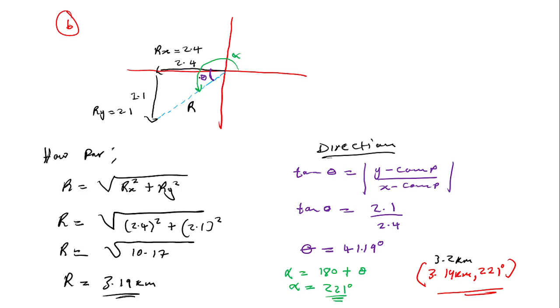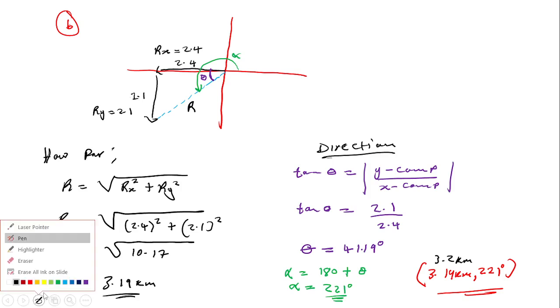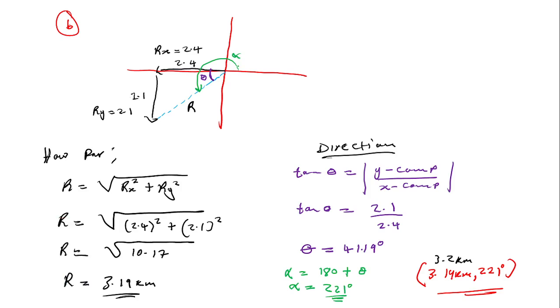So if this angle here is 41.19, it is for the one we found there, and to find this other angle, it is not really 41.19. That other angle is different. The other way I can explain it is, let's say we extend this line this side.